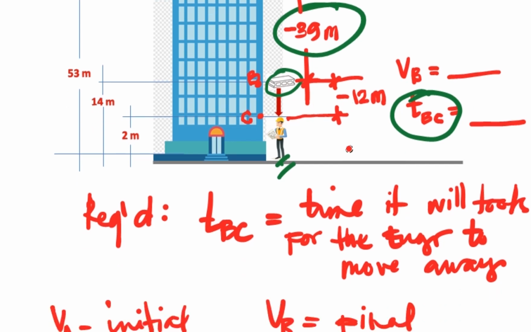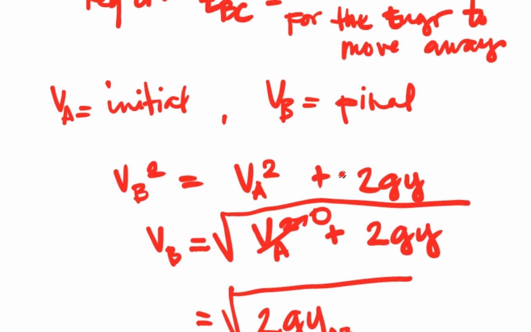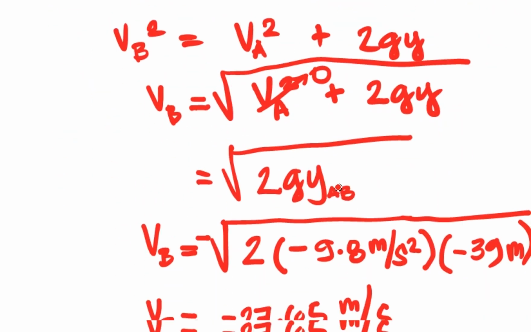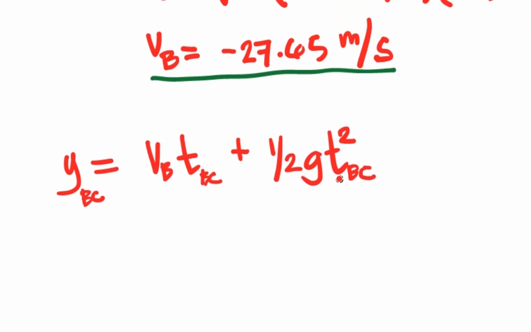And our velocity at B is negative 27.65 meters per second. Now let us put that into this equation.